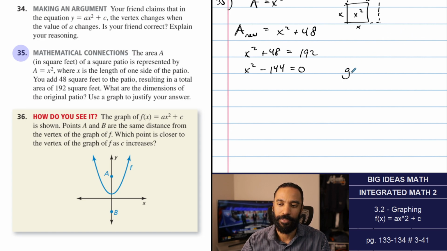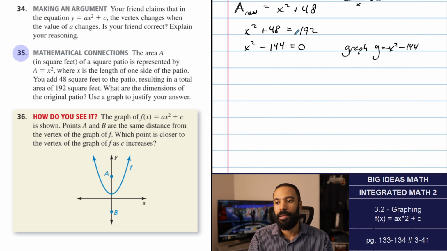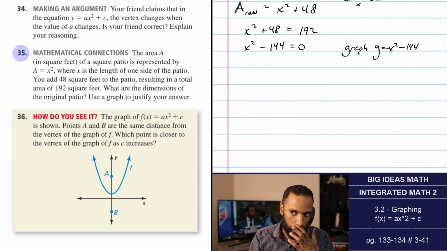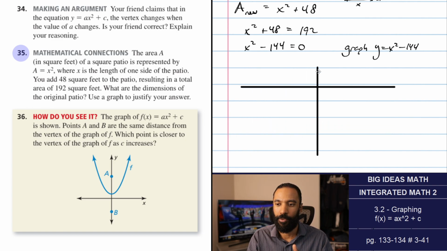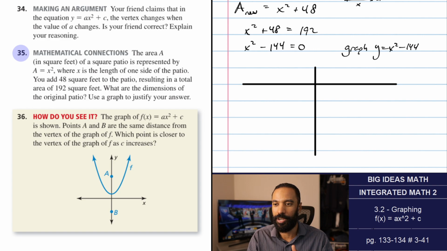So graph y equals x squared minus 144 and see where it hits the x-axis. Because if I set it equal to 0, then I'm trying to find my zeros. So that would also work. Either graph x squared plus 48 or x squared minus 144.